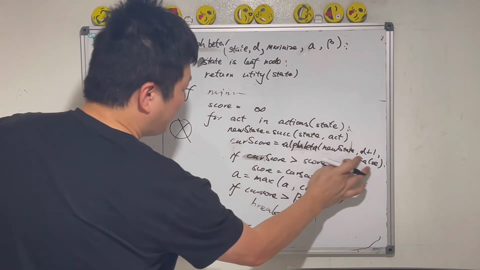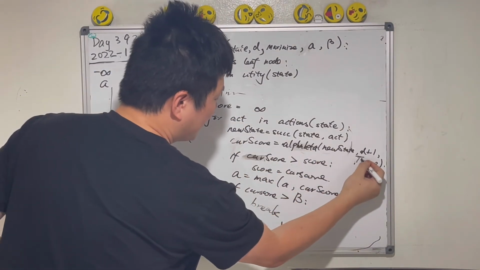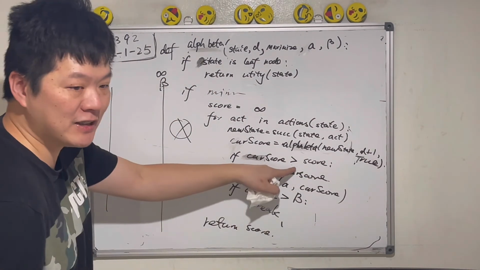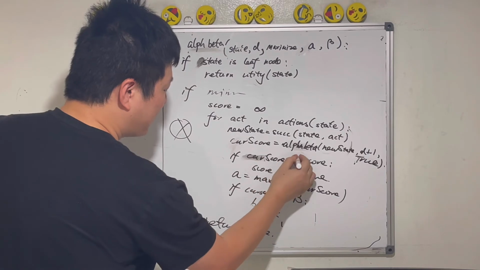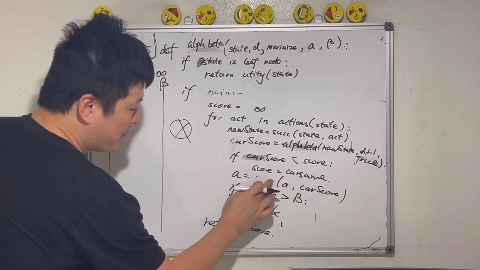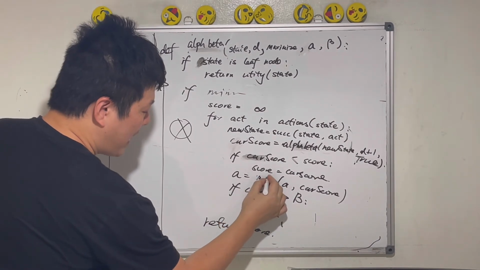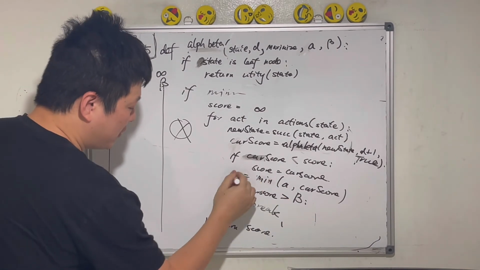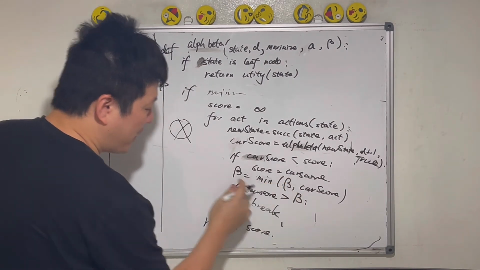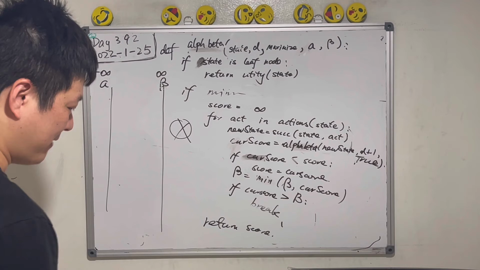And then I will change this to true, because the next one will be maximizing, right? And if current score is smaller than the score, I update the score. And then here, instead of alpha, we need beta equals min of beta and current score, right?